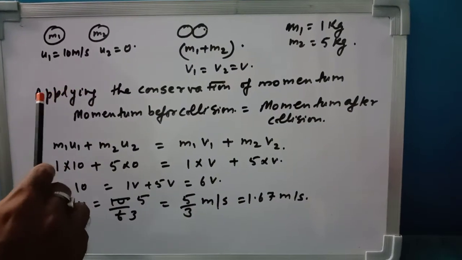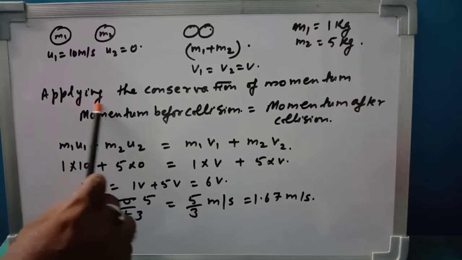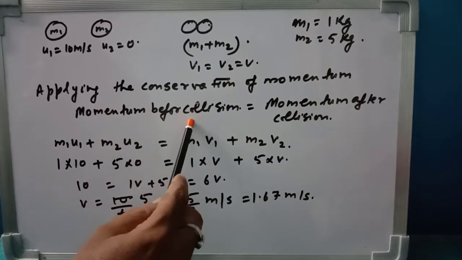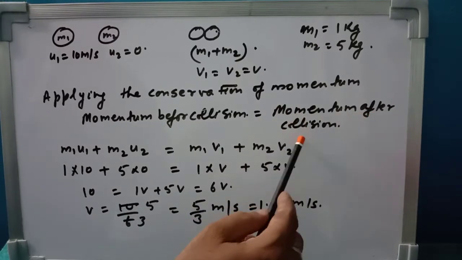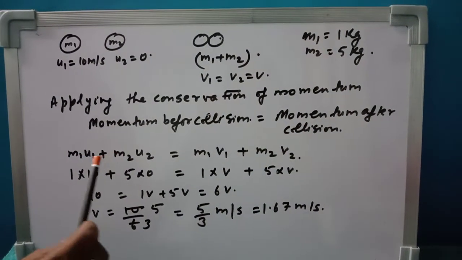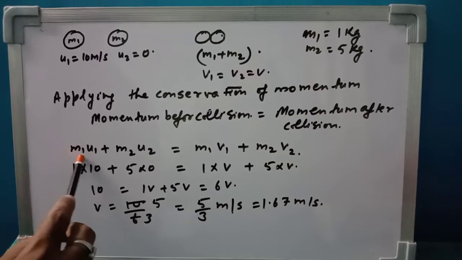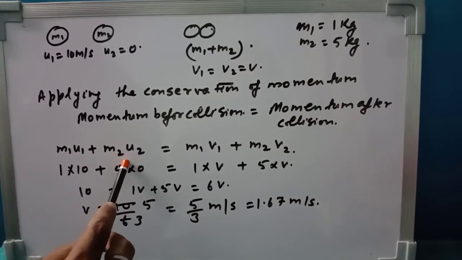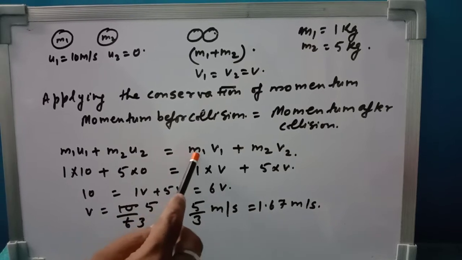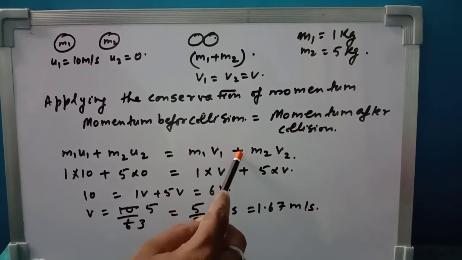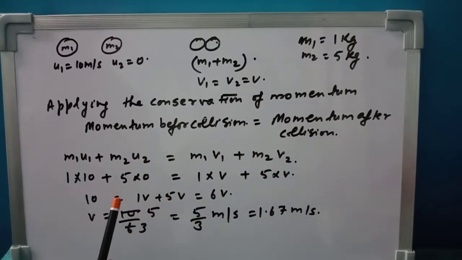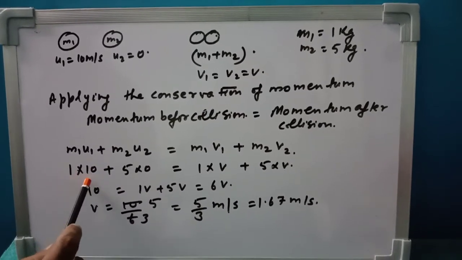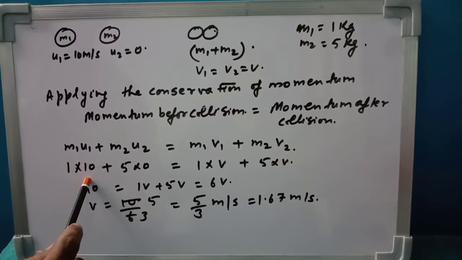Now the basic thing is we will apply the conservation of momentum. So momentum before collision is equal to momentum after collision. What is the momentum before collision? That is m1 u1 of the first body plus m2 u2 of the second body is equal to m1 v1 of the first body plus m2 v2 of the second body. Now m1 is given as 1 kg, u1 is given as 10 meter per second.